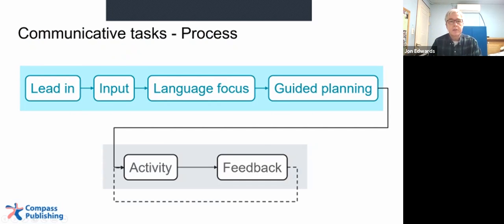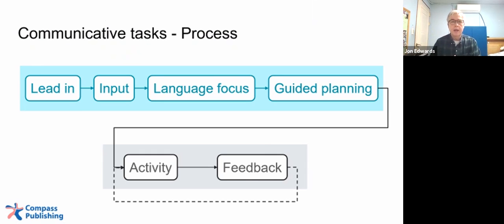So communicative tasks usually follow this kind of process where we have a lead-in. We talk about the situation that they're going to be in. And part of the purpose of that is to activate their schema, what they already know about those kinds of situations, and maybe refresh their background knowledge about some of the language that they already know that they can use in that situation.